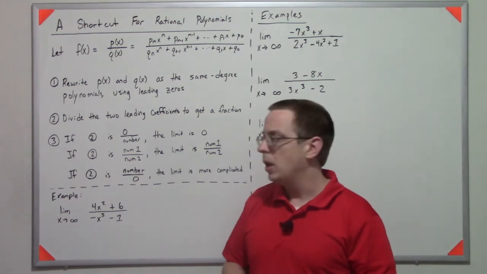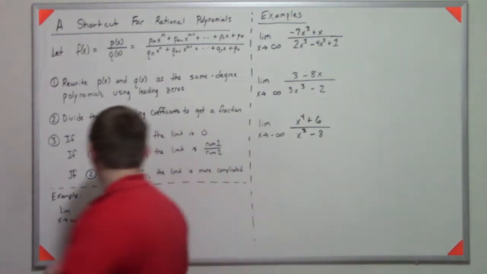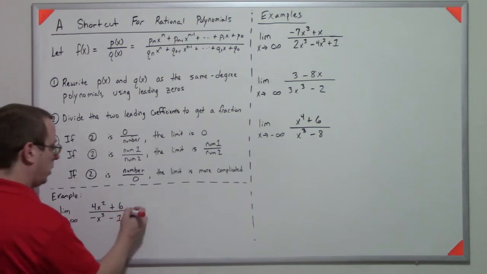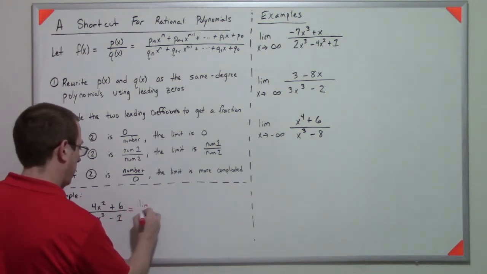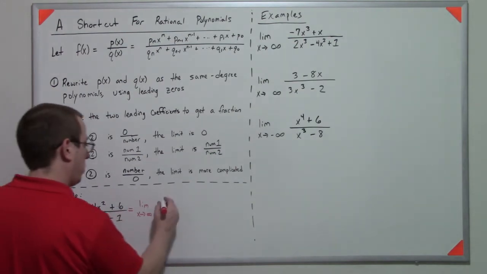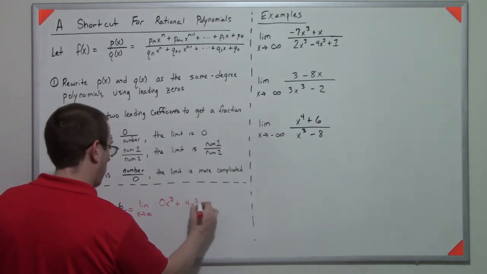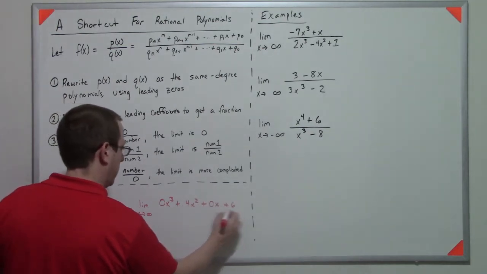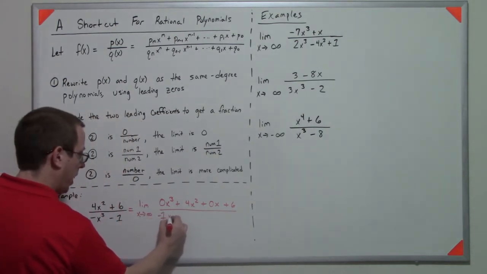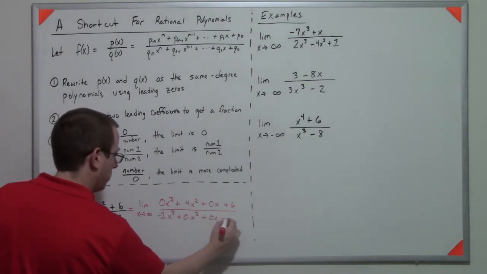Alright, so taking a look here, this is our first example. We have 4x squared plus 6 over negative x cubed minus 1. So what we're going to do is rewrite that. The largest degree here is 3. So we're going to say 0x cubed plus 4x squared plus 0x plus 6 over negative 1x cubed plus 0x squared plus 0x minus 1.